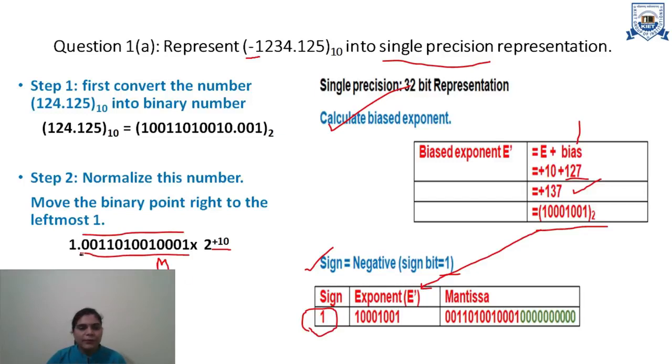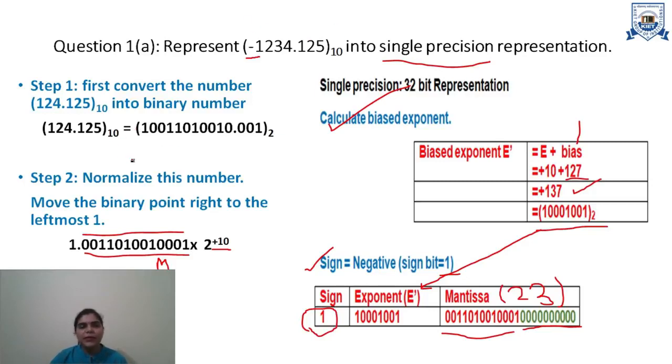Now we have the mantissa part, and it will be copied into the mantissa field. The mantissa field in 32-bit representation is 23 bits long, and in this case, we will add zeros to the right of the mantissa to fill it up to 23 bits. So in this example, first we converted this decimal number into a binary number.